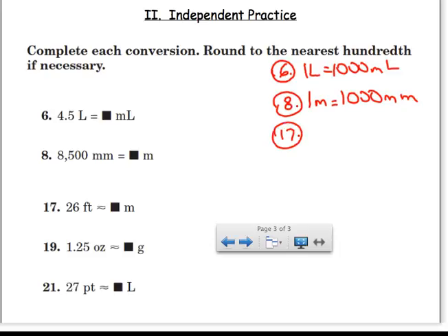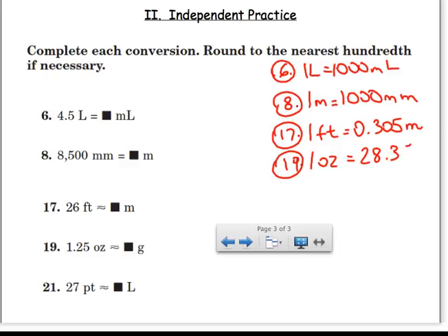For number 17, that 1 foot is the same thing as 0.305 meters. For number 19, that 1 ounce is the same thing as 28 and 35 hundredths grams.